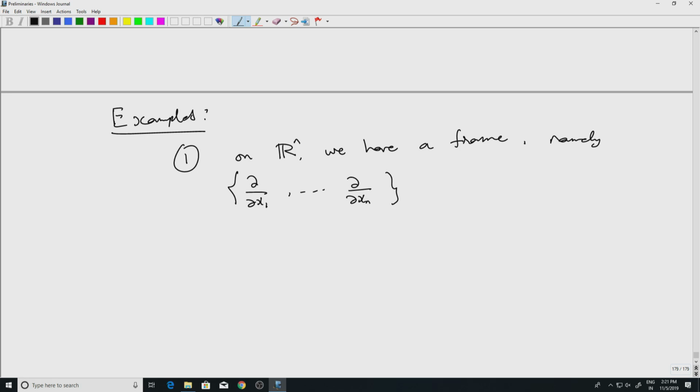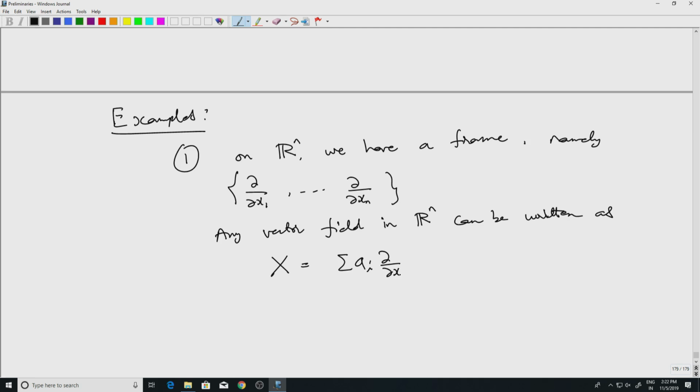And any vector field X in Rn can be written as X equals sigma ai del by del xi, where the ai are real valued functions on Rn that are smooth.